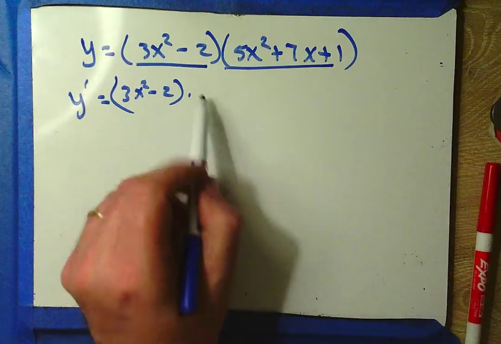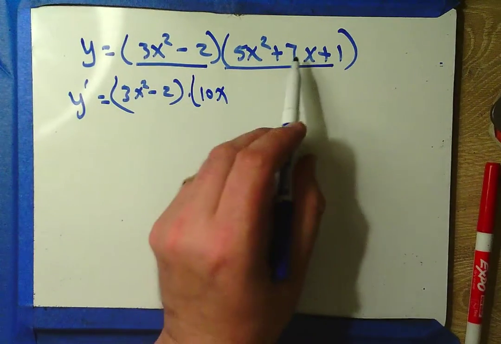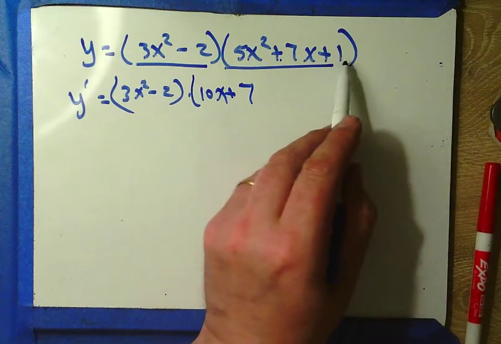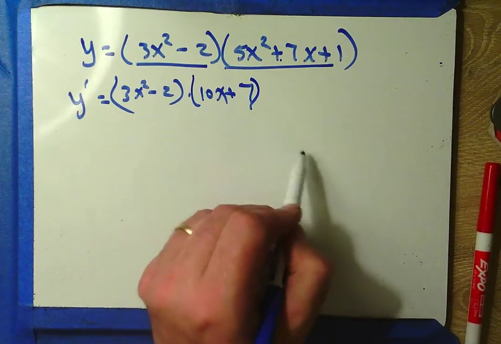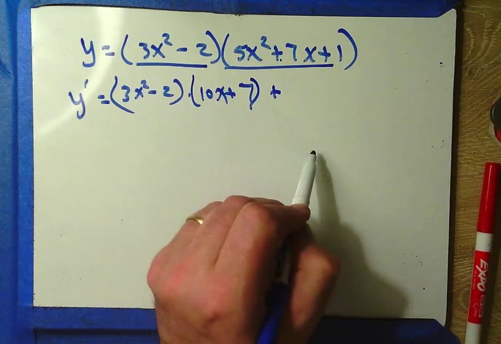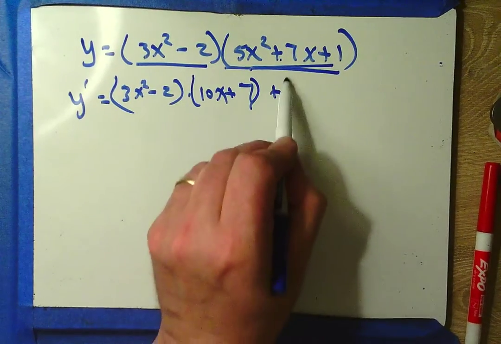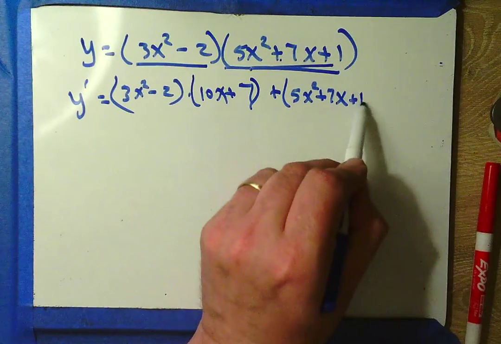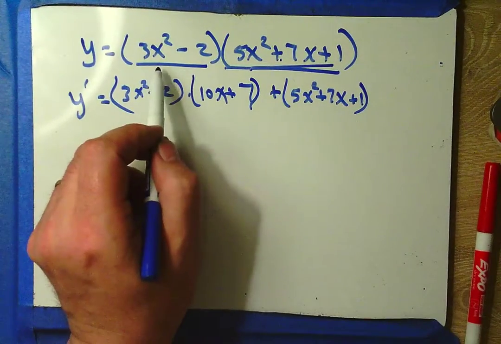The derivative of 5x squared will be 10x, plus the derivative of 7x is 7, and the derivative of this constant is 0. But that's only half of the product rule. Remember, plus this 5x squared plus 7x plus 1 times the derivative of this.